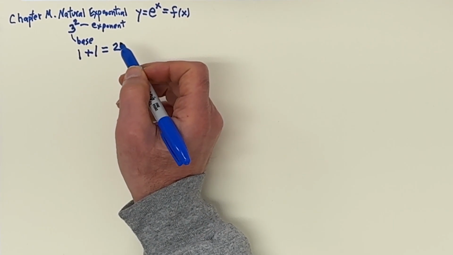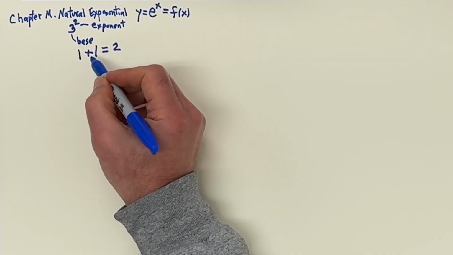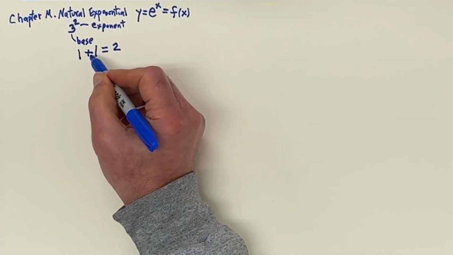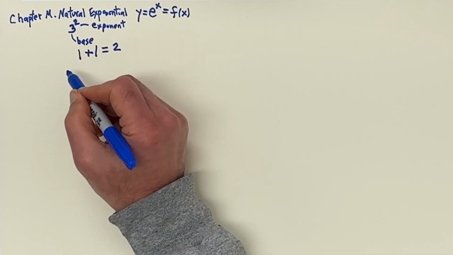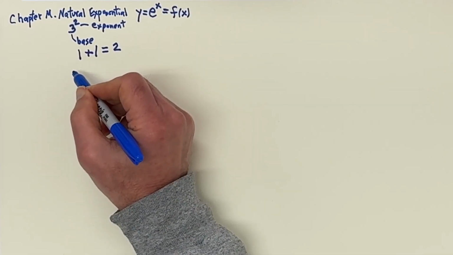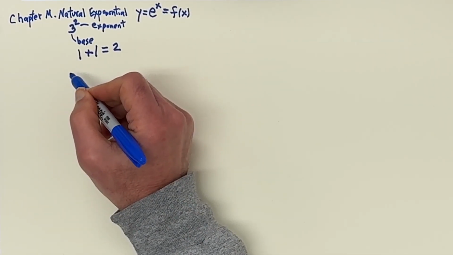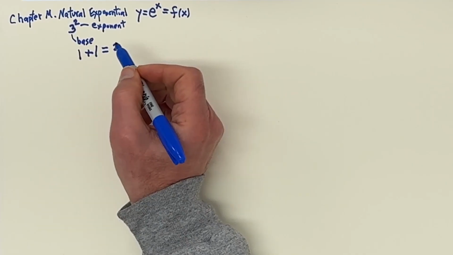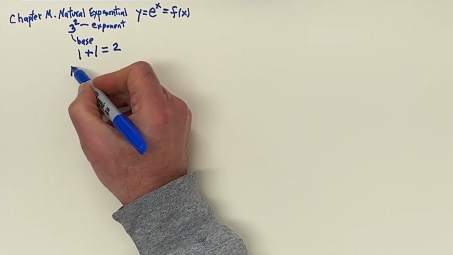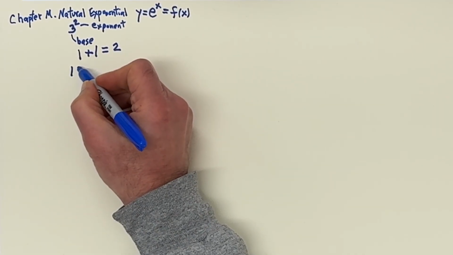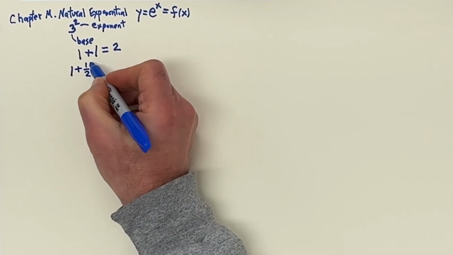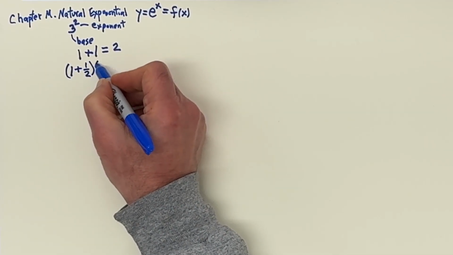But now suppose I get my 100% interest applied after 6 months at 50% interest, and then another 6 months at 50% interest. So in other words, I get 1 and a half of it back in 6 months.